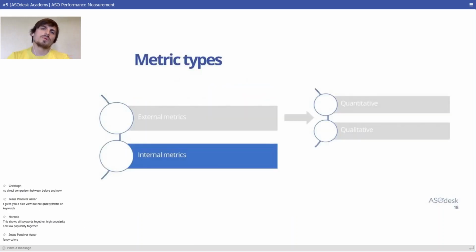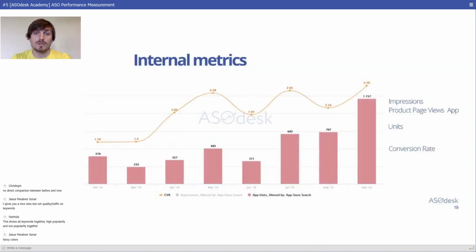So okay, we've understood now what the external metrics are, what their purpose is, and what the difference is between quantitative and qualitative external metrics. So let's talk a few words about internal metrics. Internal metrics are the information from the App Store. This information is visible only for the App Store optimization manager who is performing ASO for this app, or for the app owner.